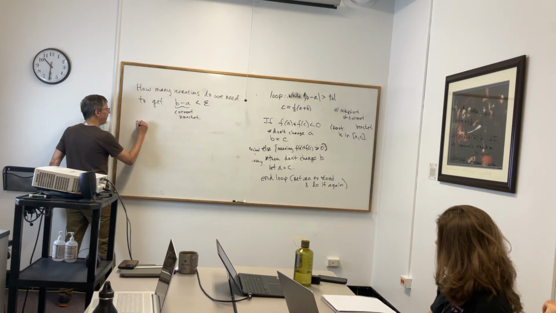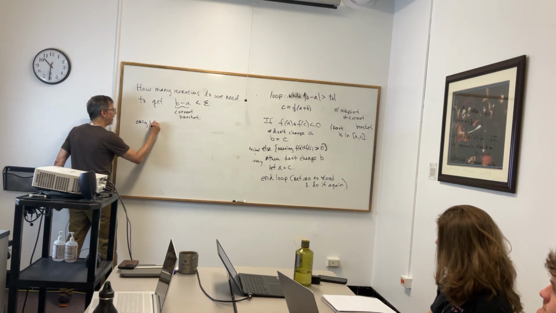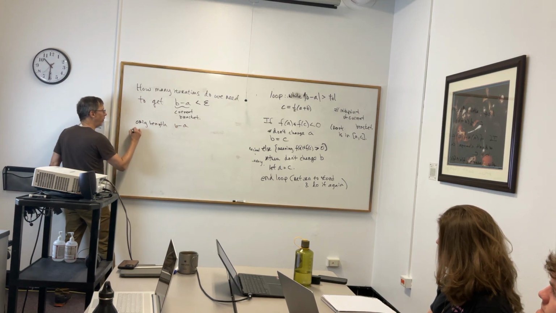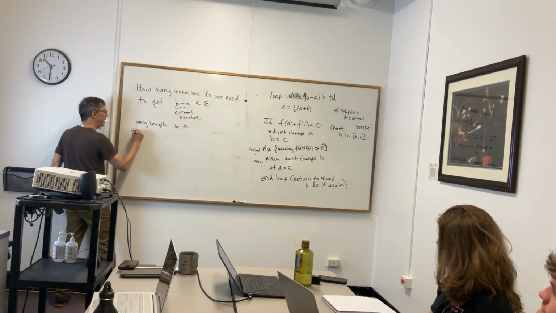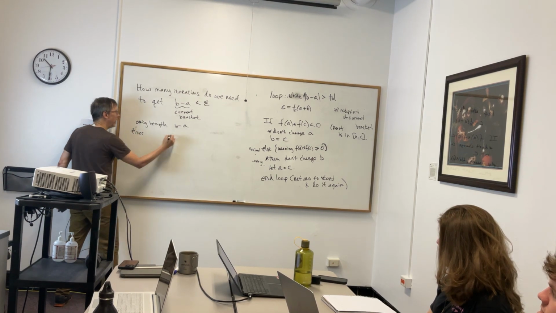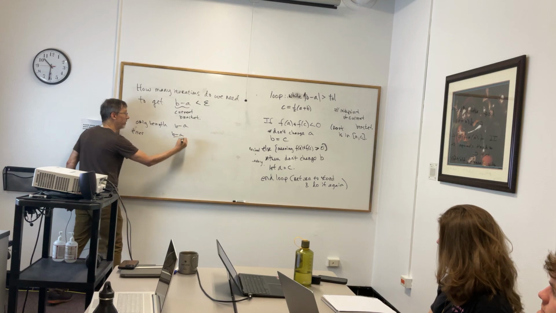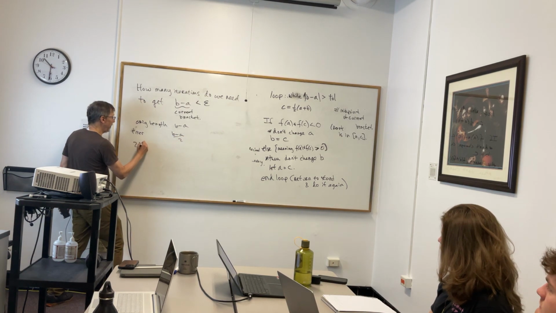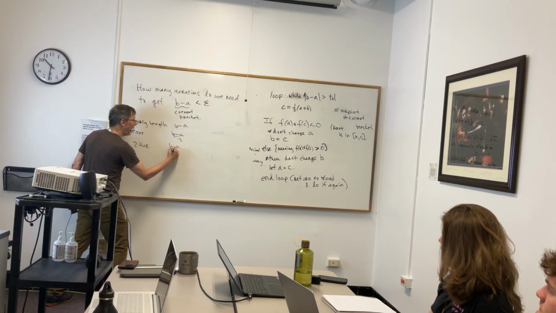Original length is b minus a. After the first iteration, we've got b minus a over 2. Second iteration, b minus a over what?